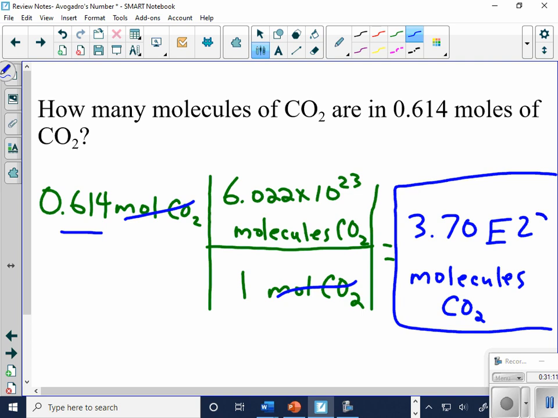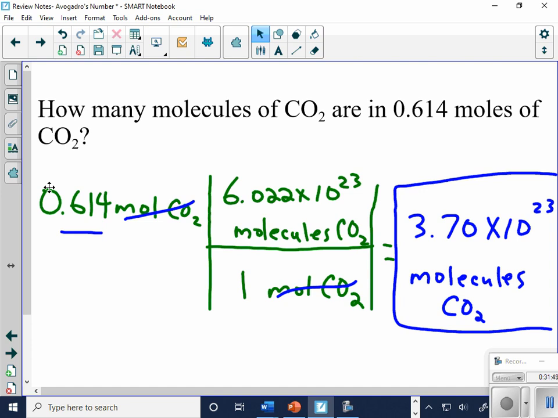Even though your calculator says e to the 23, that is not appropriate for our answer, because our scientific notation is a times 10 to the 23rd. That is not how we signify scientific notation. We use the times 10.